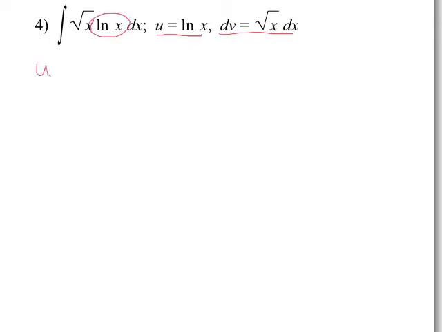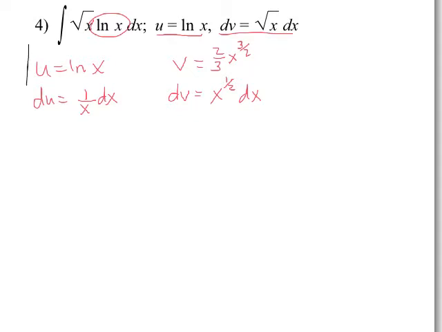So if u is ln of x, then our du is going to be 1 over x dx. And if our dv is x to the 1/2 dx, then our v is going to be the antiderivative of that, which is 2/3 x to the 3/2.